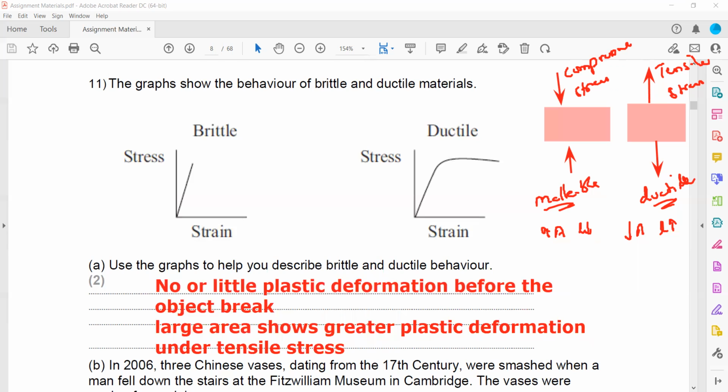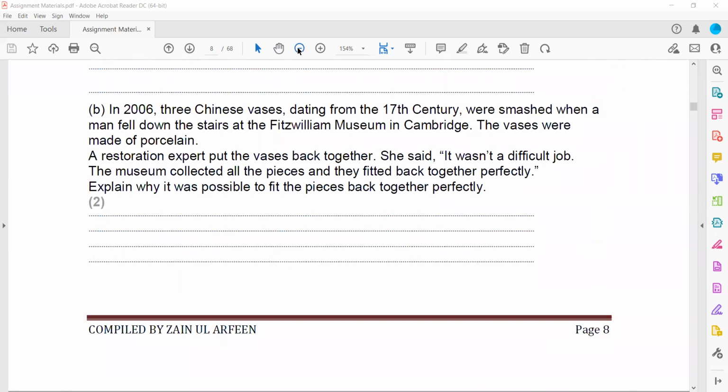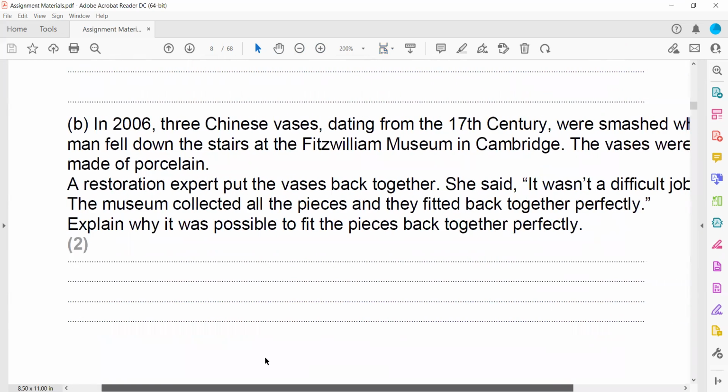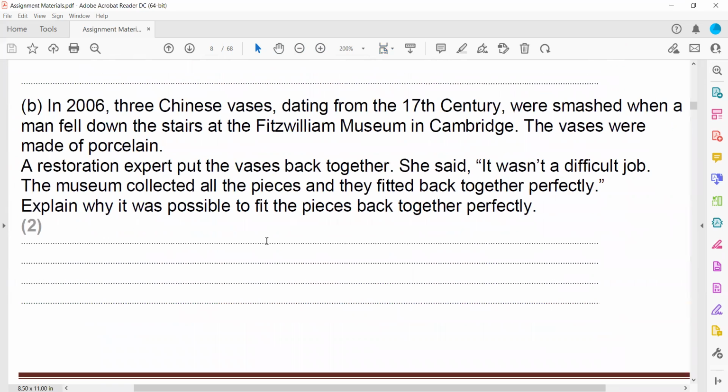Next is: in 2016, three Chinese vessels dating from the 17th century were smashed when a man fell down the stairs, and a restoration expert put the vase back together, and she said it wasn't a difficult job.